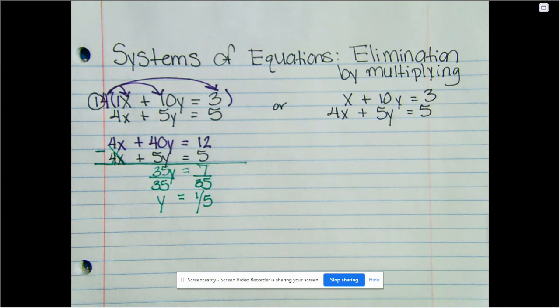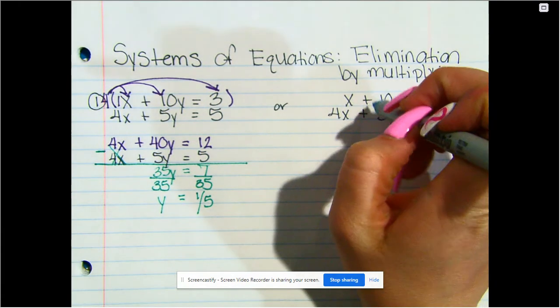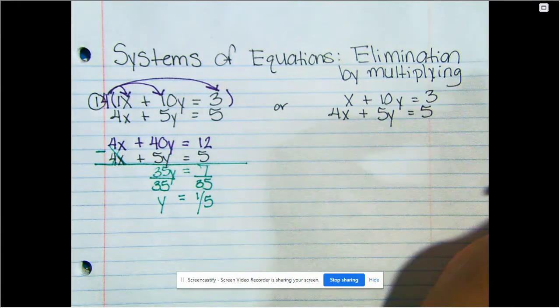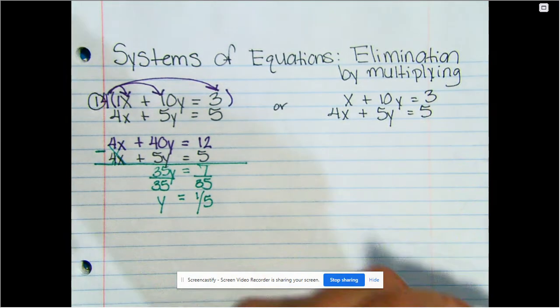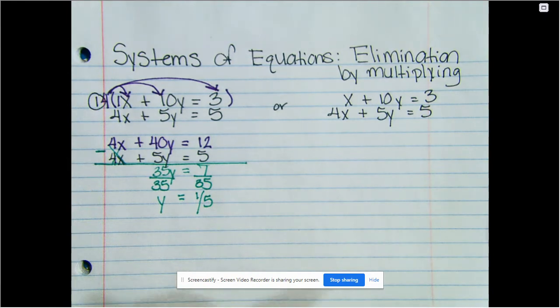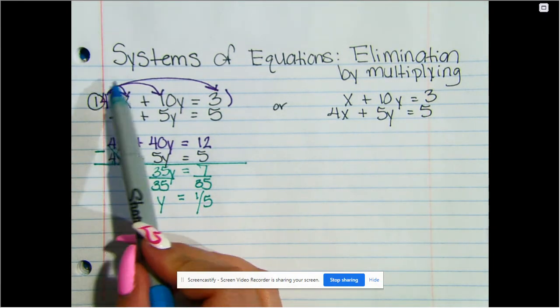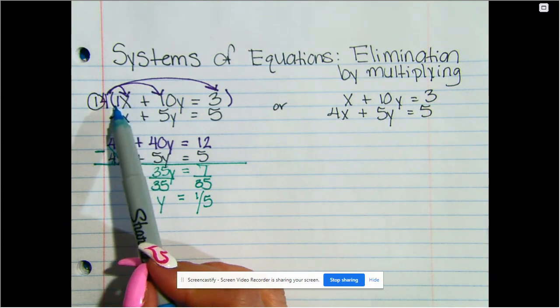Again, it is totally your option on what you want to do. There is also another option: I could have decided to eliminate the y values instead of the x. It's pretty much dependent on how the problem looks. Because I knew that this was a 1, all I needed to do was multiply one of the equations by 4.